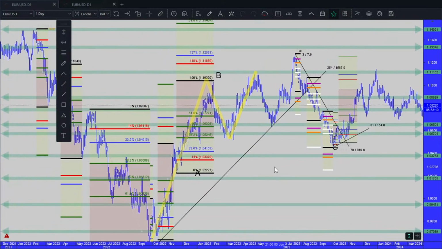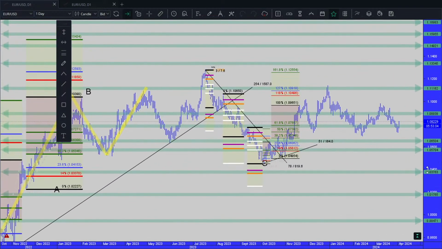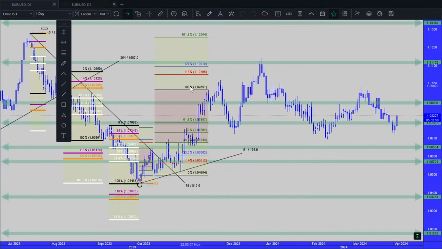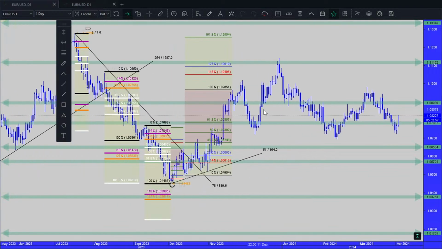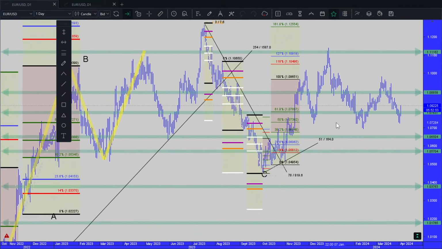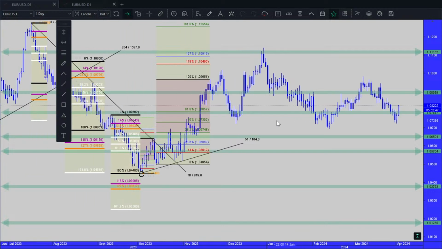This is the original Fibonacci on Euro dollar, it is still up, right? And then the Contrarian is down, and this one is the confirmation. So everybody, it's up and it's going down. Would this be a great example of how to trade a retracement?